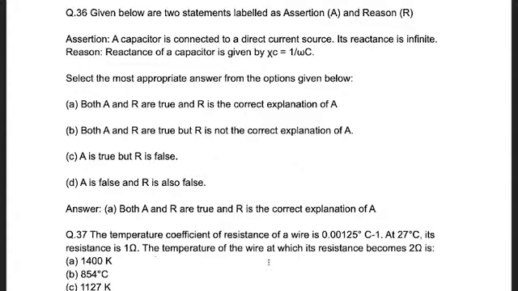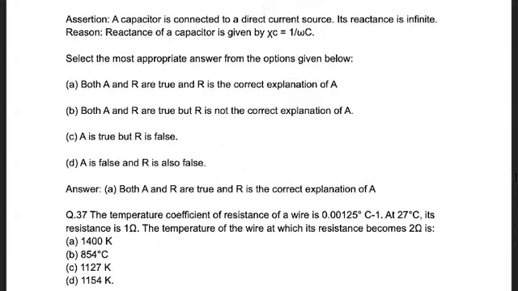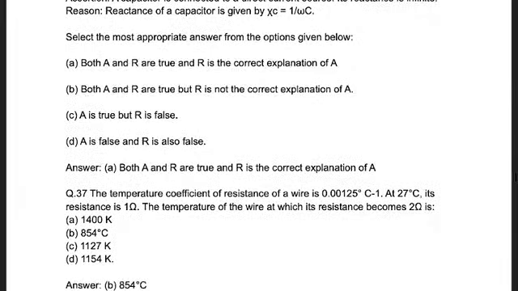The temperature of the wire at which its resistance becomes 2 ohm is A. 1400 K, B. 854 degrees Celsius, C. 1127 K, D. 1154 K. Correct. The answer is B. 854 degrees Celsius.